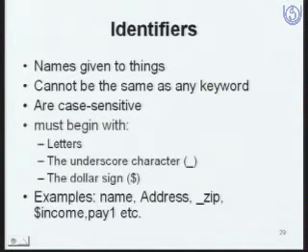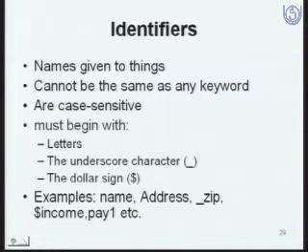There are some restrictions on it. An identifier cannot be the same as any keyword, as I have told you earlier, that you cannot use a keyword or reserved word for defining identifiers. For example, you cannot use null, or abstract, or false as an identifier, because these are reserved.